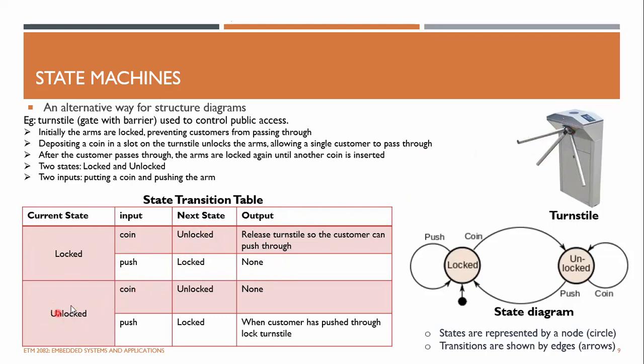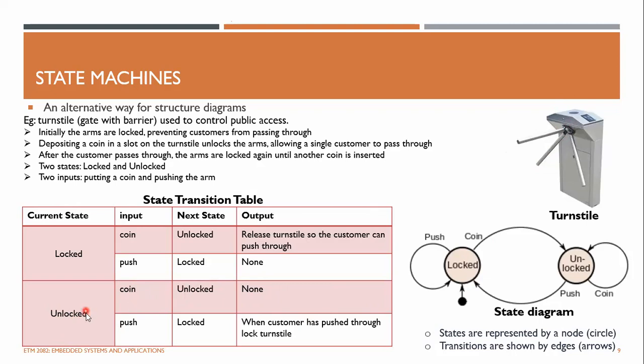If you are in the unlocked position, which means you have inserted a coin, and someone mistakenly adds another coin, the output should be do nothing, and adding an additional coin will also leave it in the unlocked position.